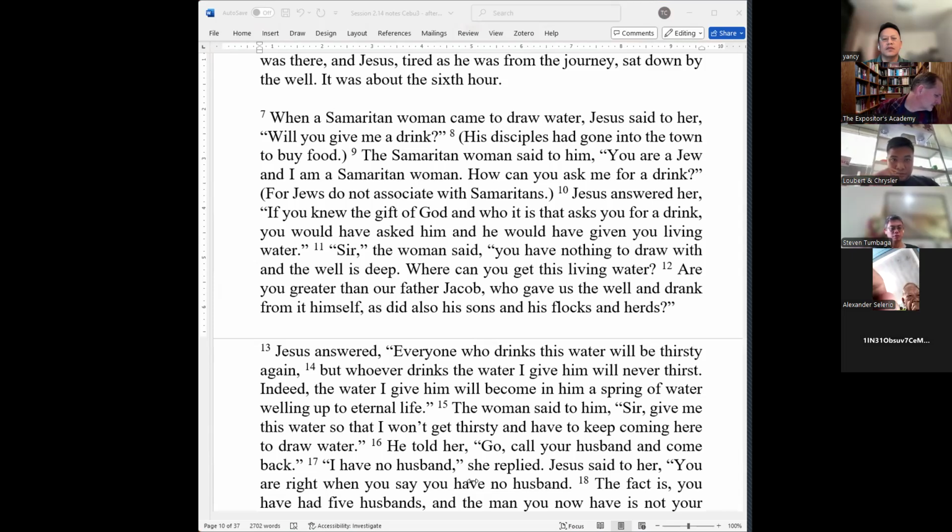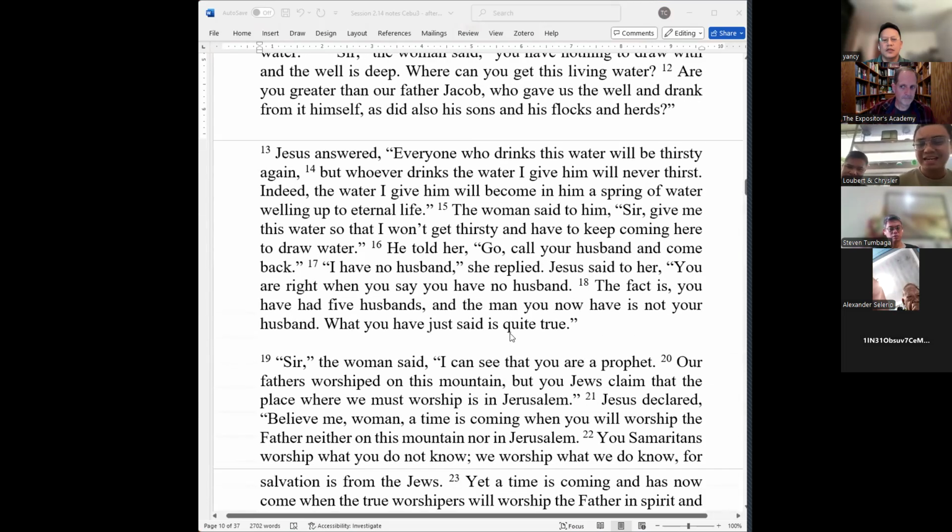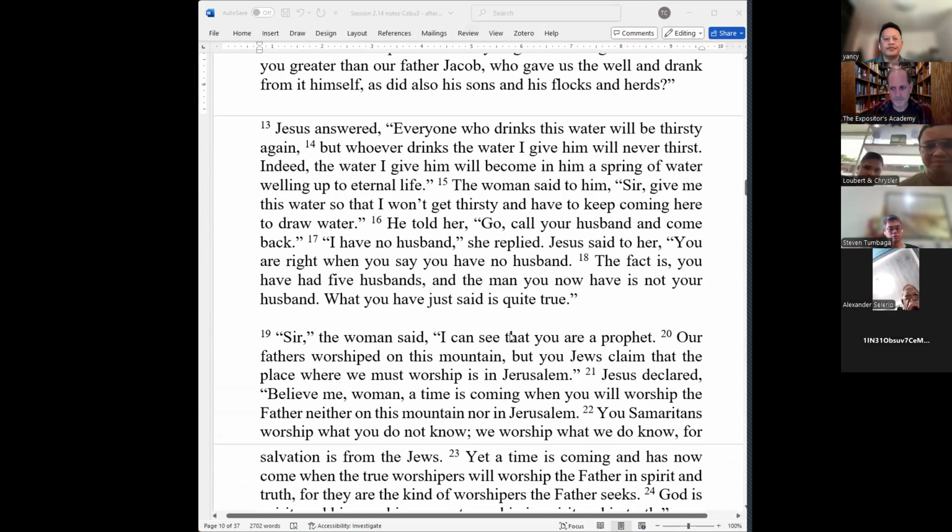"Sir," the woman said, "you have nothing to draw with, and the well is deep. Where can you get this living water? Are you greater than our father Jacob, who gave us the well and drank from it himself, as did also his sons and his flocks and herds?" Verse 13. Jesus answered, "Everyone who drinks this water will be thirsty again.